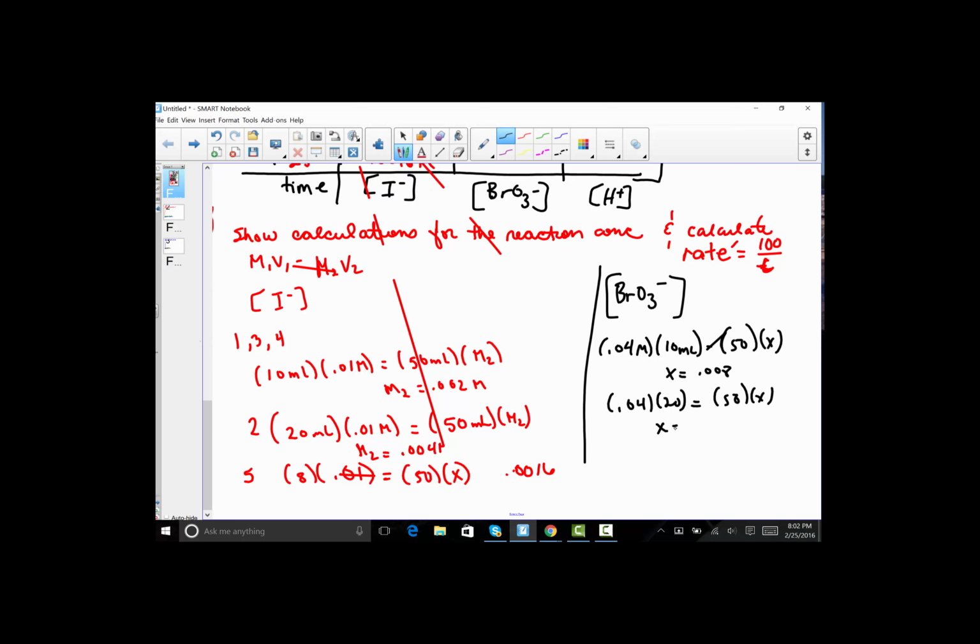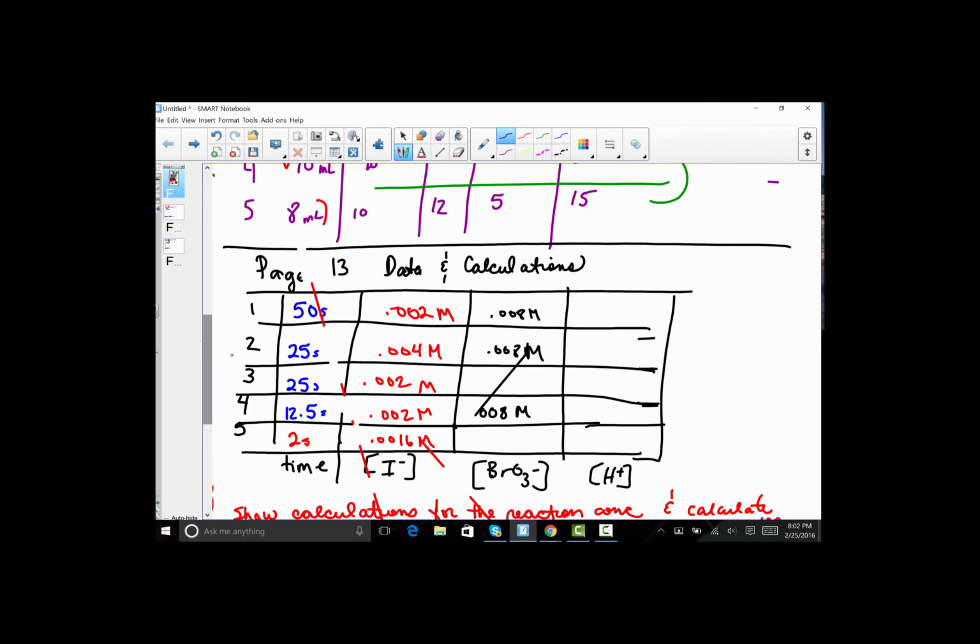X is going to be that new molarity, and that should come out twice as concentrated, 0.016. And then the very last one, we used 5 milliliters, so that should be half as concentrated. Repeating: 0.008, 0.008, 0.016, 0.008, 0.004 molar.